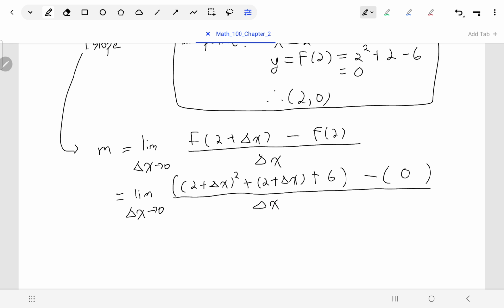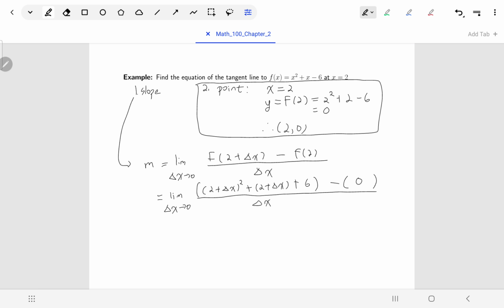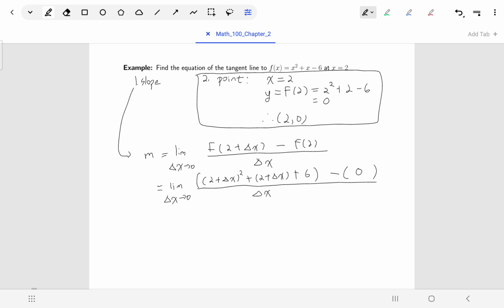And there we go. Now at this point, and this is going to be a running theme, if you dealt with difference quotients in your pre-calculus course, and hopefully you did, but if this is new to you, you'll notice that there's always some algebra that needs to happen at this point before we can start evaluating our limit. In this case, I'm going to need to start expanding things and cleaning things up, and then I'll hopefully be able to let my delta x get closer and closer to 0.